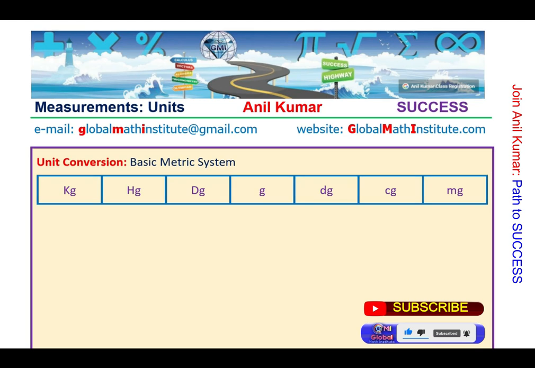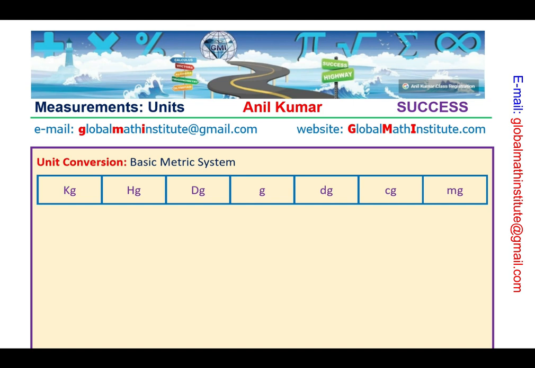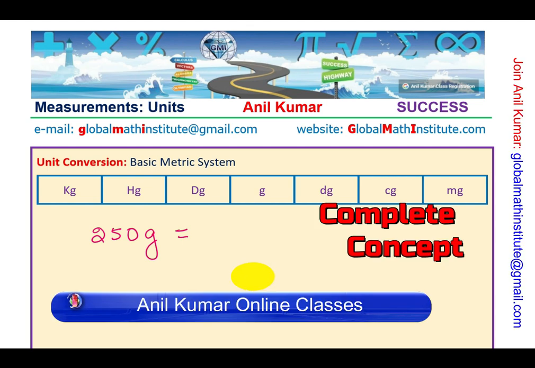So this linear scale, metric scale, can be used for meters, kilograms, grams, as mentioned here. So, for example, if I have 250 grams, so 250 grams will be equal to how many kilograms?